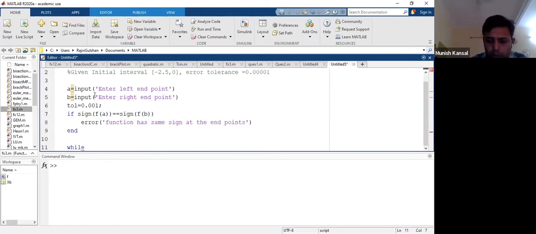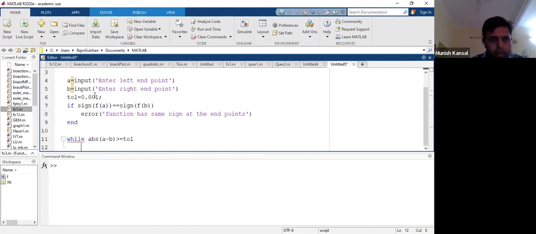Whenever the length of the interval, say a minus b, so you can make use of the absolute command here, whenever this is greater than or equal to tolerance. Actually I have given the pseudo code in your ppt. I'm not sharing that pdf with you right now, so just look at the theory.